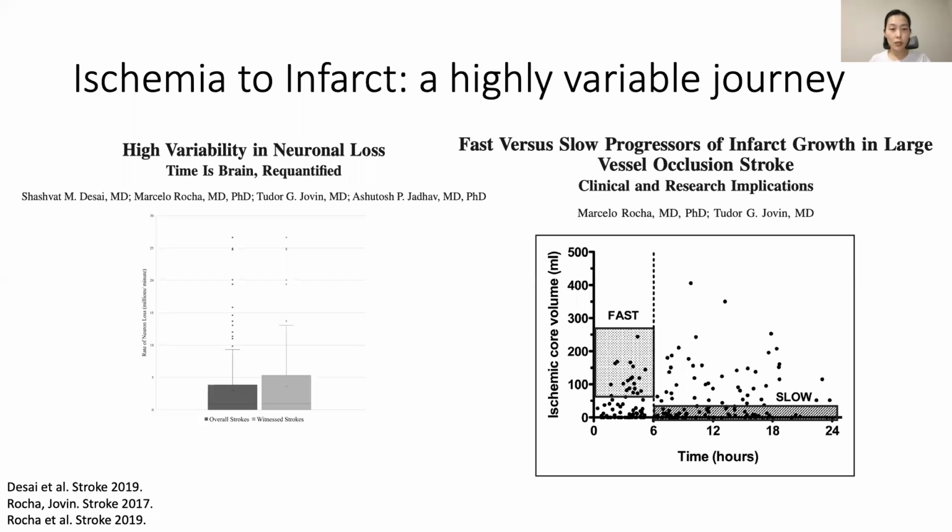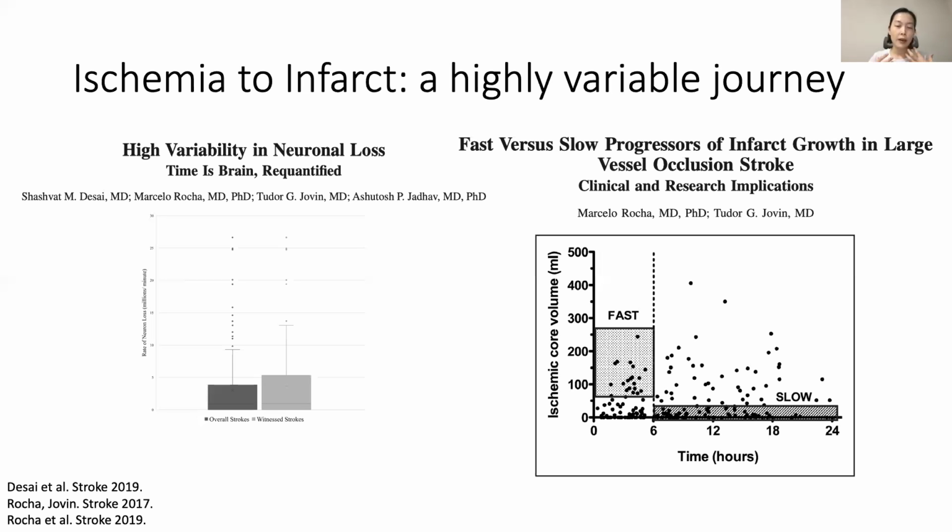And so some people with a large artery occlusion went on to infarct their brain very quickly. Some people held on and somehow had brain perfusion in that area for longer periods of time, and the brain tissue did not die off for many hours. And so that's why the concept of fast versus slow progressors of infarct became apparent.